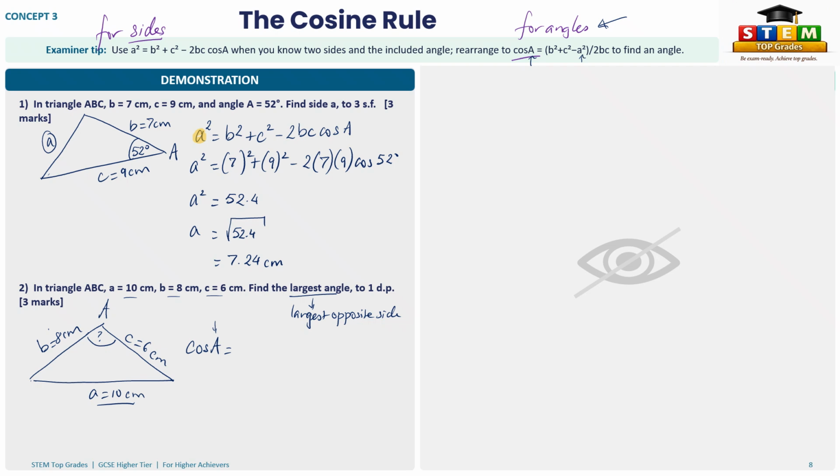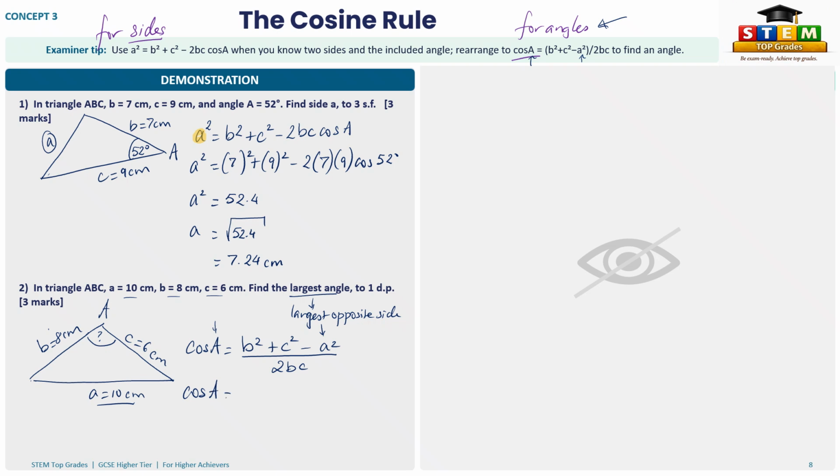The lowercase letters: that's going to be B squared plus C squared minus A squared. So we finish with A, and then underneath you're going to get those two letters back, B and C again. First we always write the formula before we do any substitution.